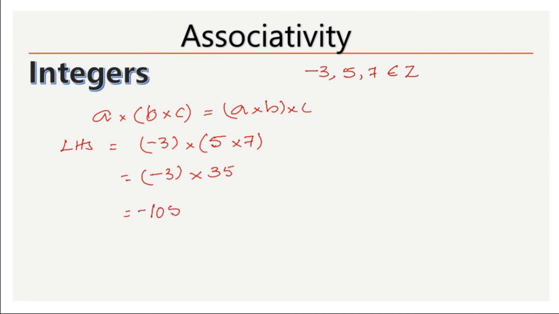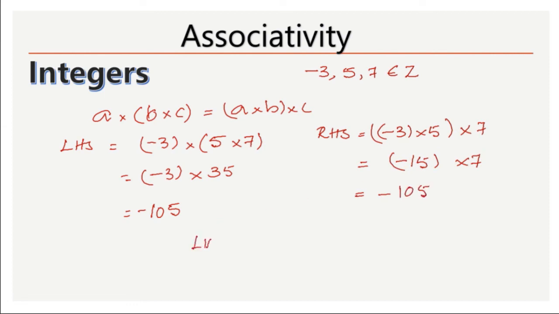We get negative 105. Let's take up the right hand side. We have negative 3 multiplied to 5. The product is multiplied to 7. This will be minus 15. Multiplied to 7, we get minus 105. So left hand side equals right hand side. We have verified the associative property under multiplication in the set of integers.